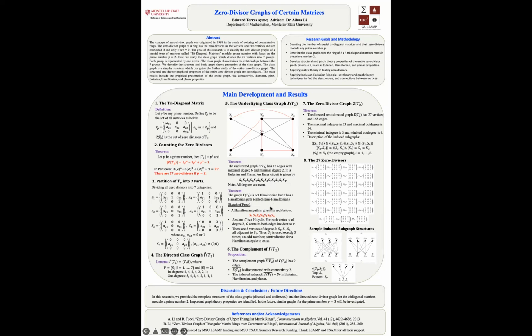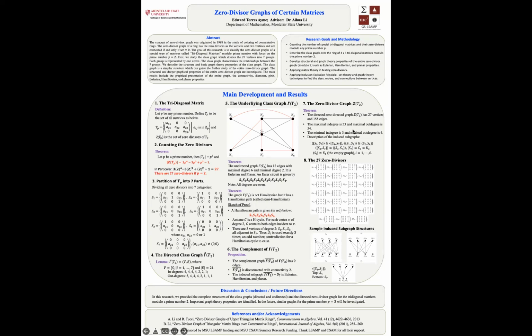We also proved that it's semi-Hamiltonian because it only has a Hamiltonian path, but not a Hamiltonian cycle. Here we follow the path, and we touch every vertex exactly once. For the Eulerian circuit, we have to touch every edge exactly once and arrive at the same vertex.